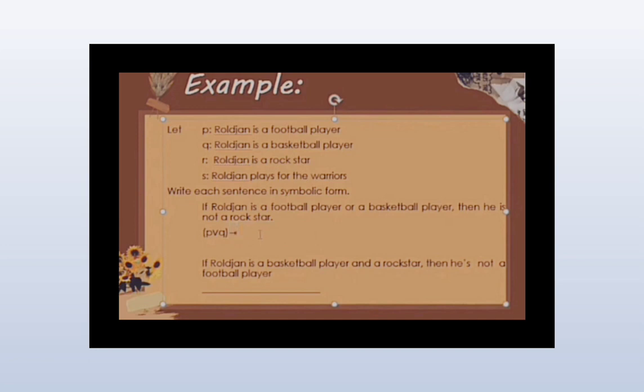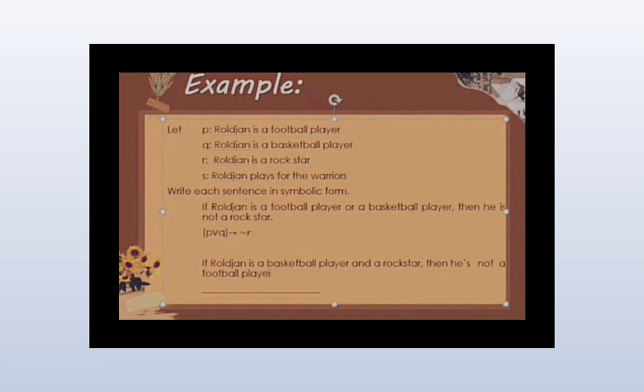He is not a rock star, so we let that one as R. Since it is a negation of R, our symbolic form will be not R. Okay, so not R. So the symbolic form for this statement is the quantity of P or Q implies not R.